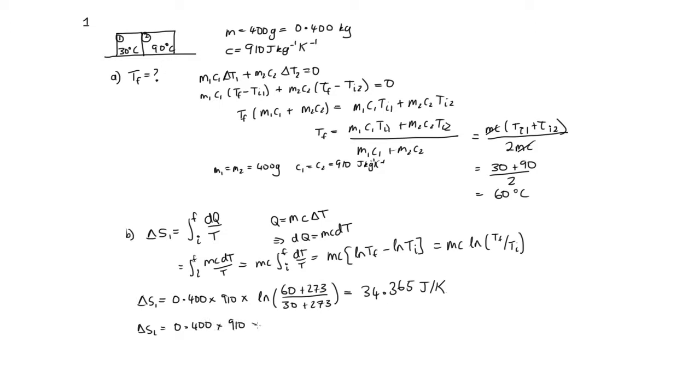the same specific heat, but now the initial temperature is 90 degrees, so 90 plus 273, and the final temperature is still 60 degrees, so 60 plus 273 still.